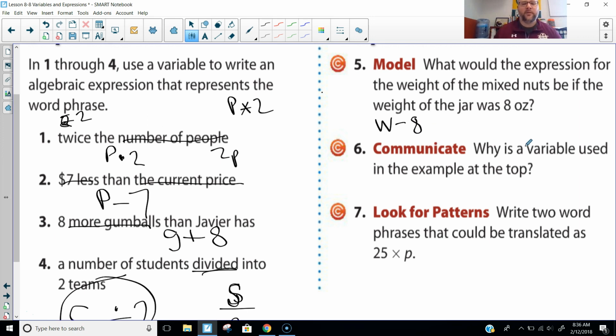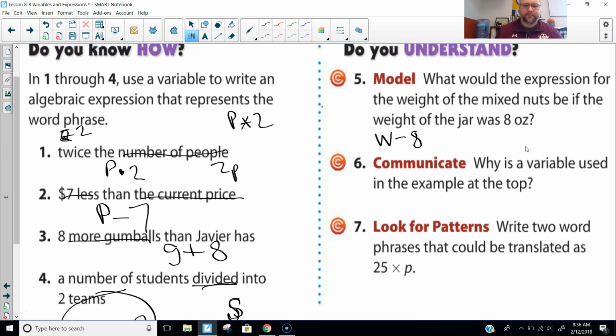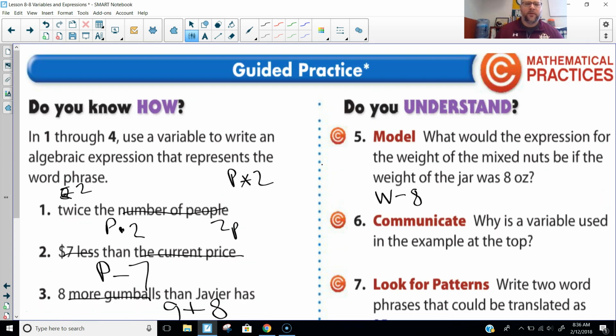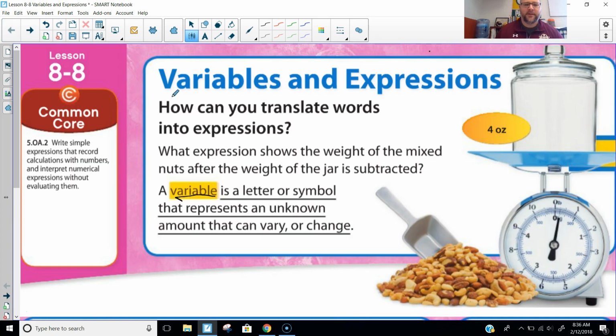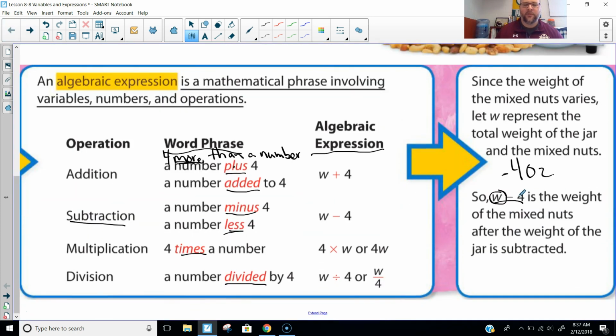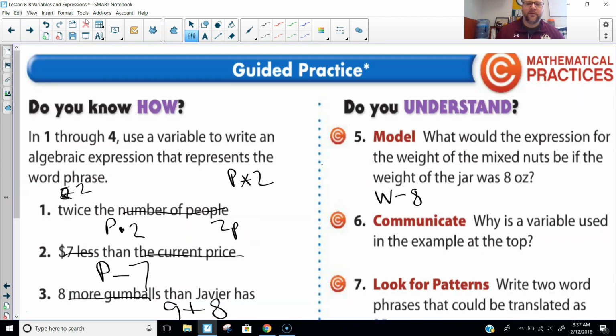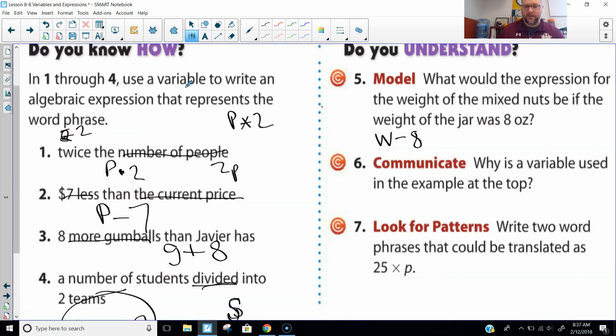Number 6, communicate. Why is a variable used in the example on top? So, when they're talking about on top, we're looking at this expression right here. Why is a variable used right here? Well, that's pretty simple. The reason there's a variable used is because the weight can change.